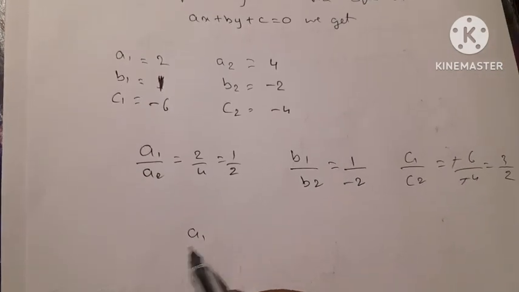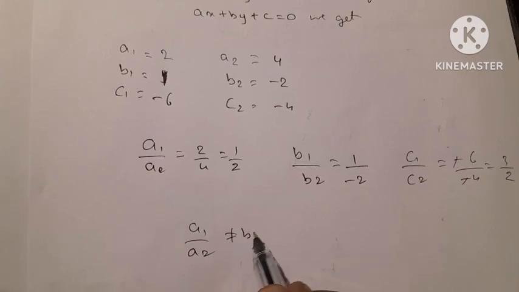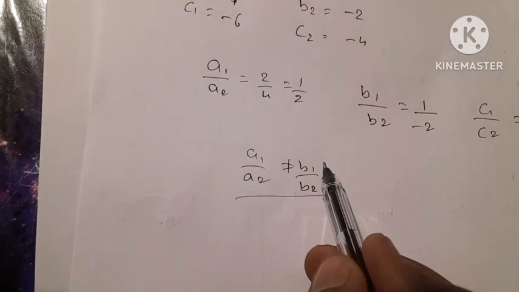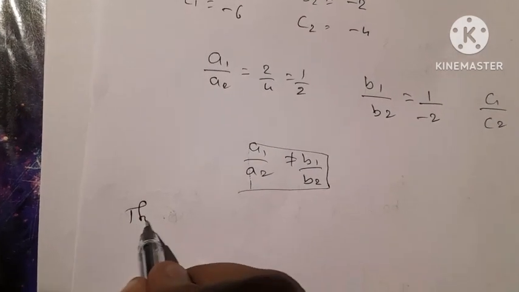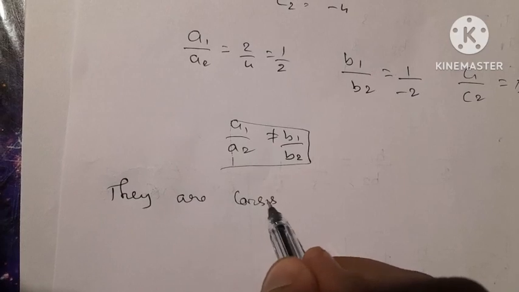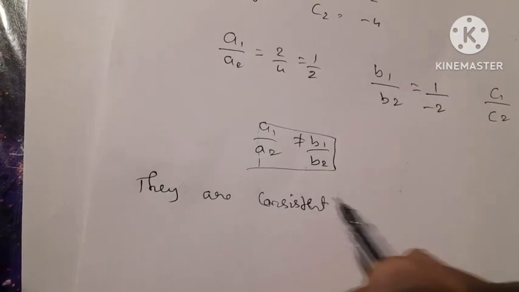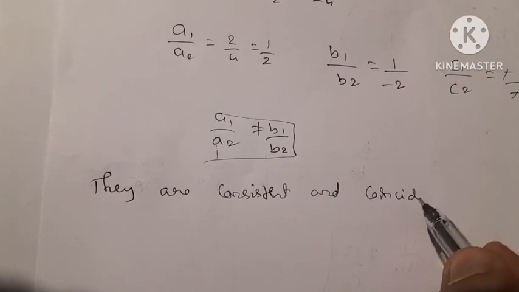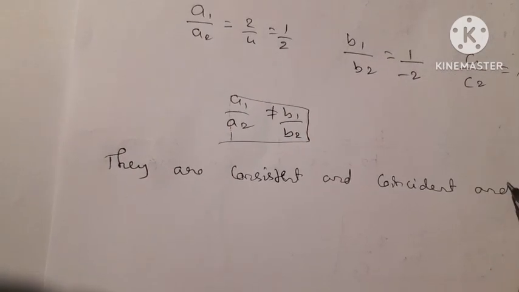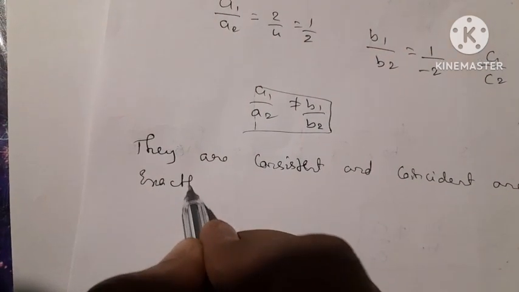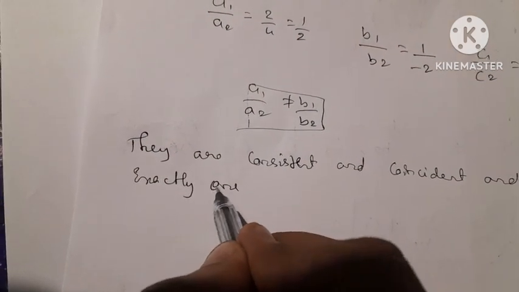So here a1 by a2 is not equal to b1 by b2. What does this statement represent? They are consistent and have exactly one solution.